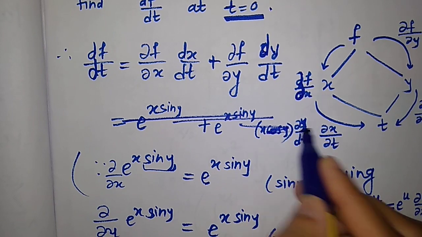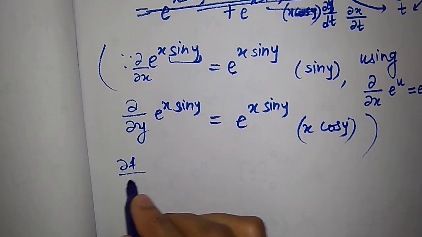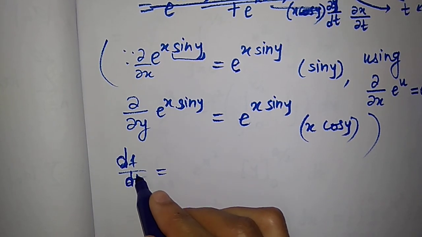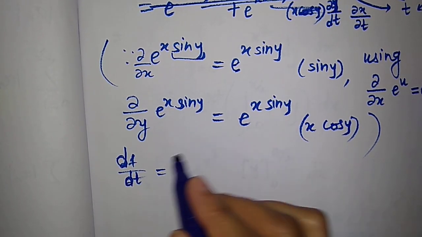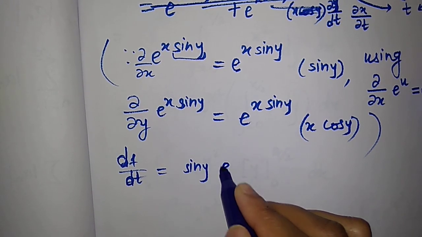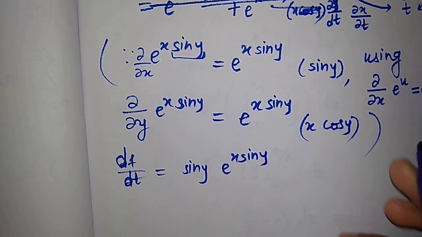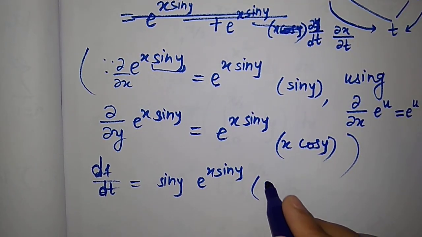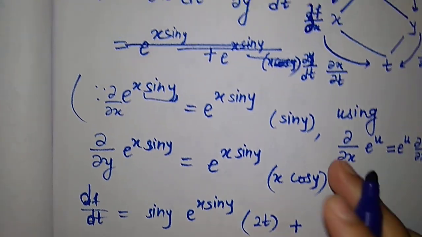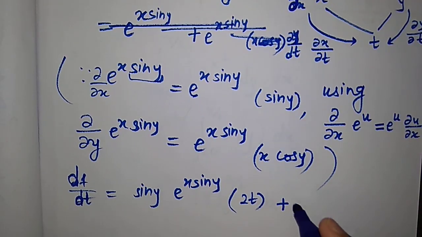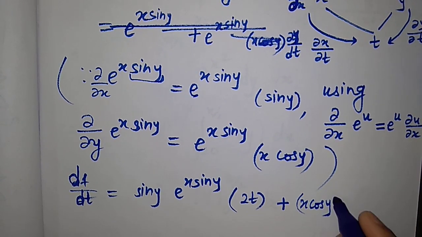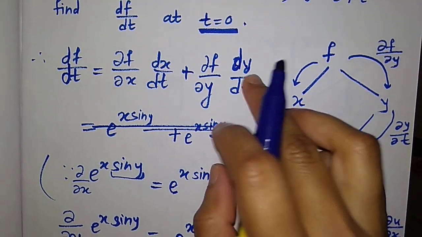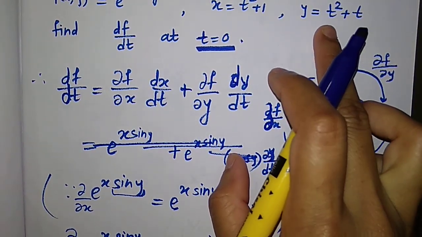So df by dt is equal to del f by del x, put the value, so it is just sin y e raised to x sin y, then dx by dt: find out the derivative of x with respect to t, that is 2t, plus del f by del y, which is x cos y e raised to x sin y, and dy by dt, just put the value of dy by dt, which is 2t plus 1.